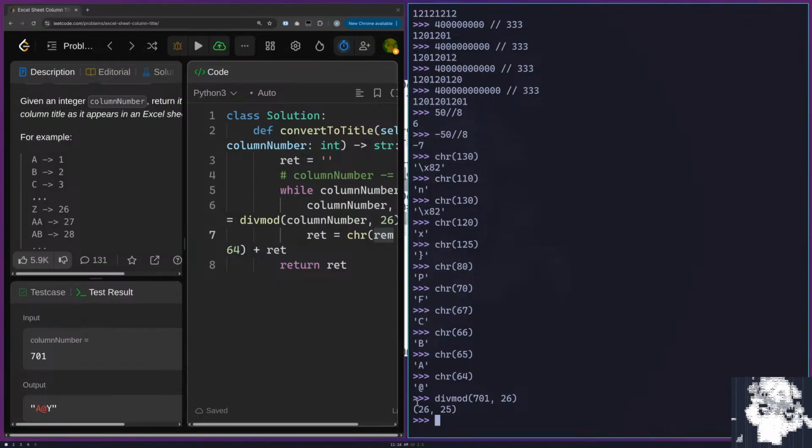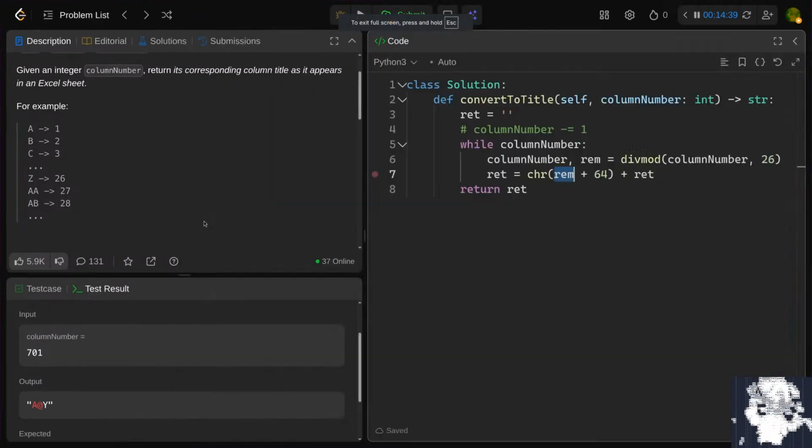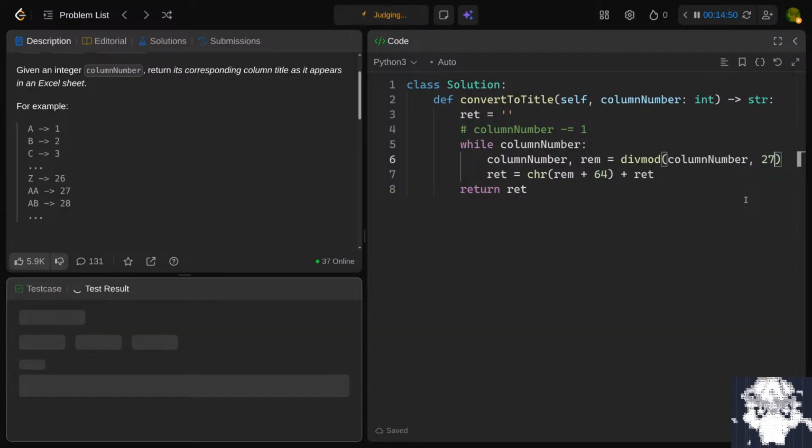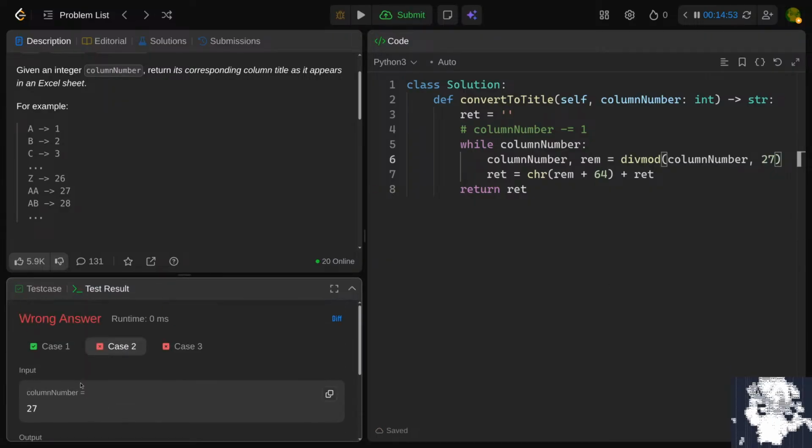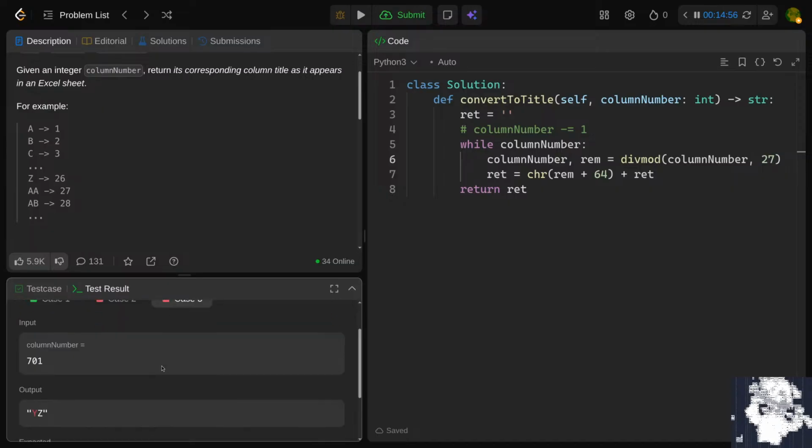A 26 is supposed to represent a Z, but we're taking it mod 26. I mean, that's why I was trying to subtract 1 and then take it mod 26, because this is kind of saying take it mod 27, but that's not gonna work.